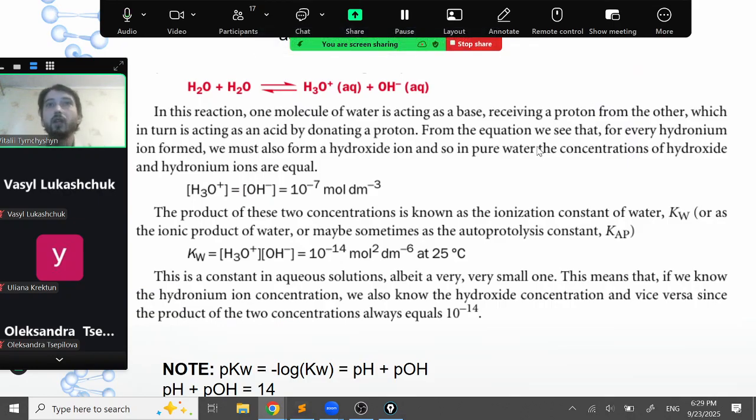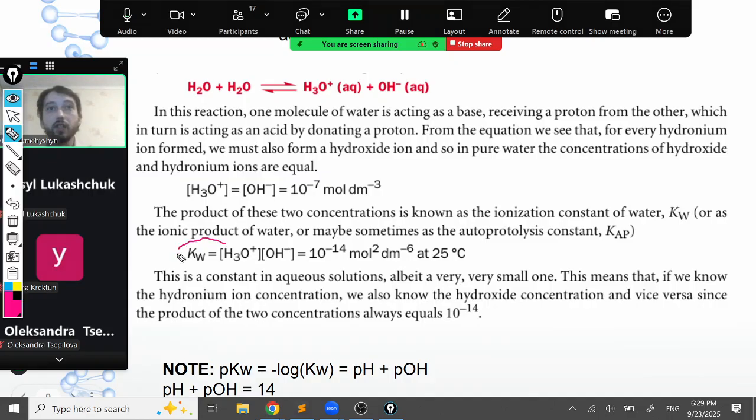Good. What else? I told you that I will say why 7 is basically the neutral pH. We consider regular water as neutral. We know that in water, Kw is equal to the result of this multiplication, and it is 10 to the minus 14. But if that is clear water, where do we get all these ions?